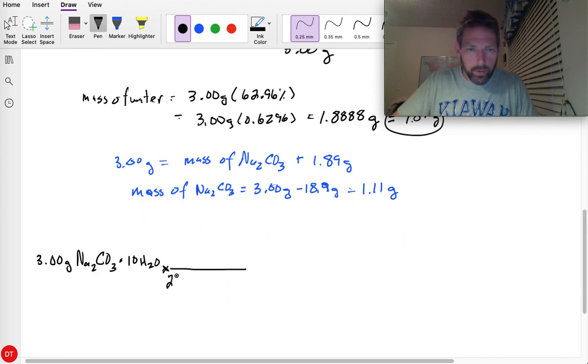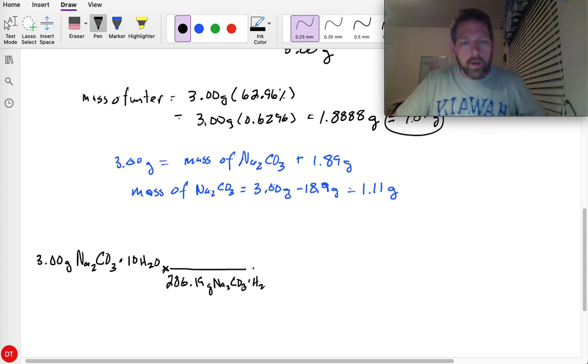So we've got 286.19 grams of Na2CO3 dot 10 water, and that's for every 1 mole of this substance.